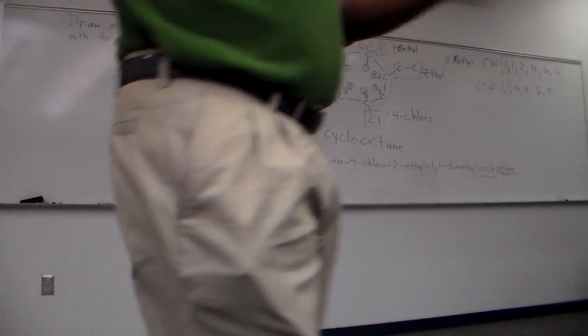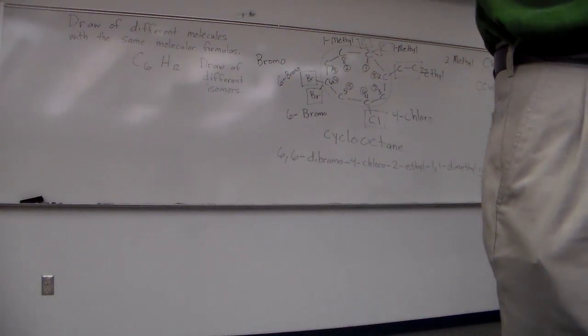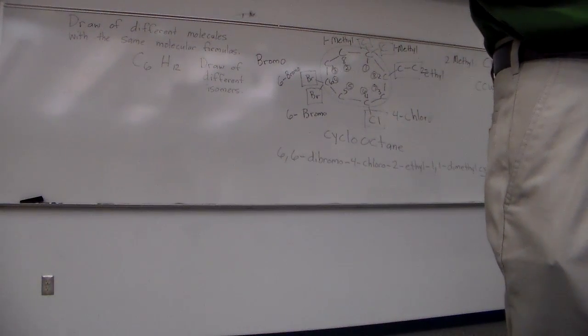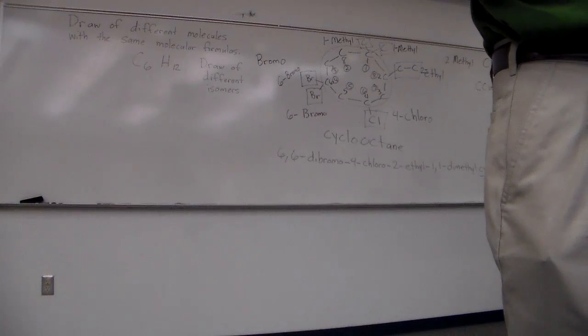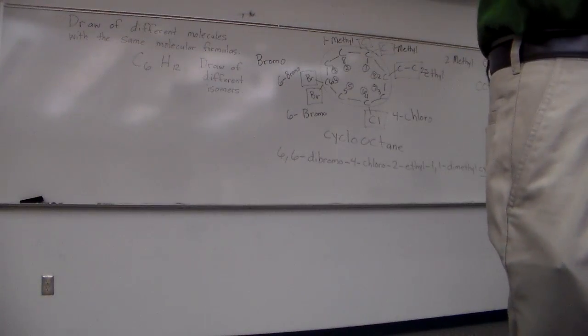But we're not going to randomly jump around like a chicken with its head cut off. We have a pattern to how to do this. The first thing we do is come up with 6 carbon atoms in a straight line.